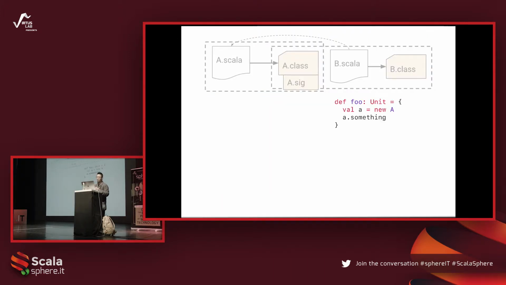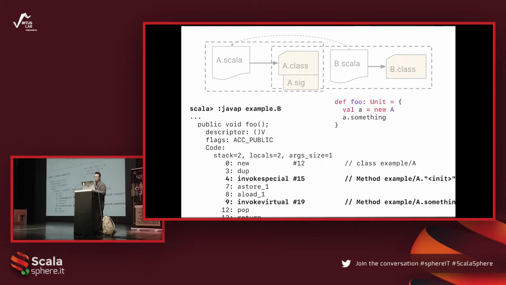Let's look at a specific case where b.scala is calling some a.something from a.scala. There's this thing called javap. If you go to the console and type :javap Example B, you can see the bytecode that the Scala compiler generates.